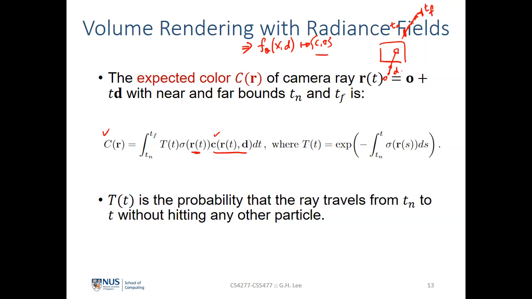Then there's also the third term here, which is the transmittance. Okay, this is the probability that light travels from t near, because you're starting to integrate from the near point, to t, to that point that you are interested in along that ray, without hitting any particle. That's why it's called the transmittance.